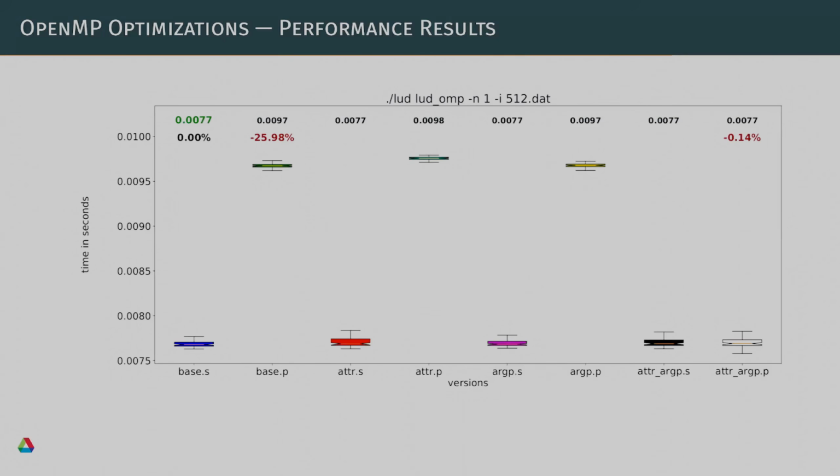Now this is the LULESH benchmark. And you see by the base S on the very left, that is what we had before, base sequential. And then the second from the left is base parallel. So those are the two that I showed before. It slowed down 25% if you run it with OpenMP enabled in a single thread.